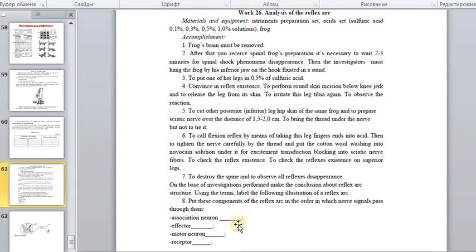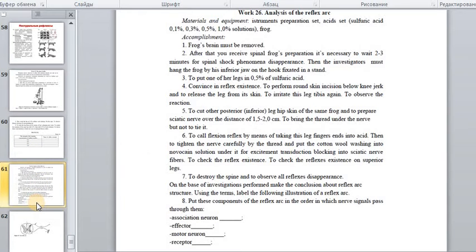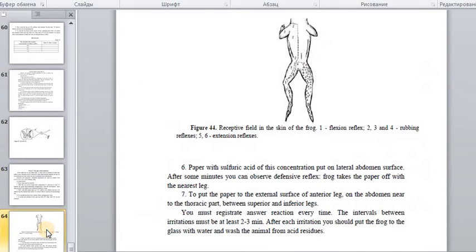Just write here on the page where the effector is, where the receptor is, and after that the receptive field on the body of the frog, and what kind of reflexes we will see after action on some parts of the body.